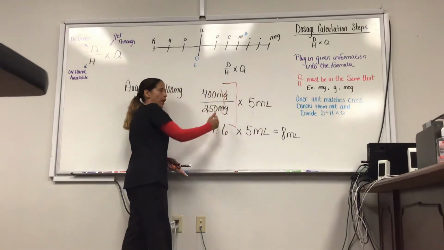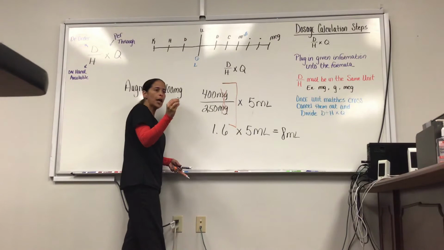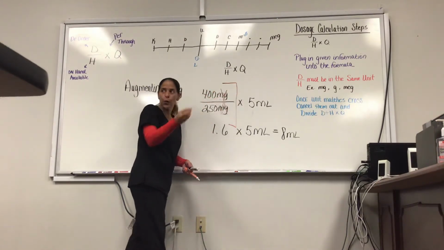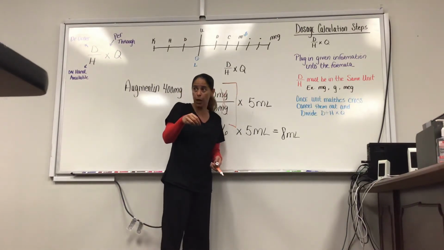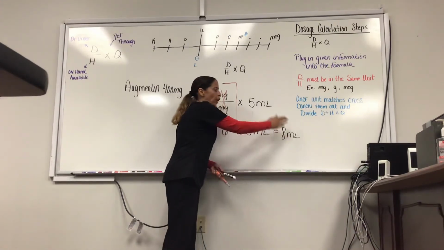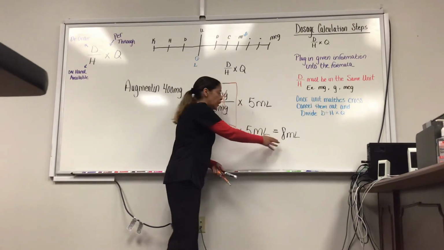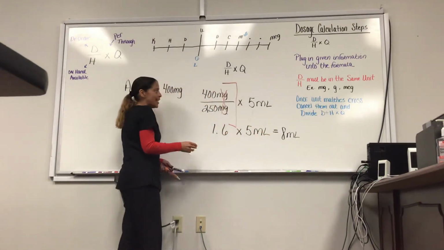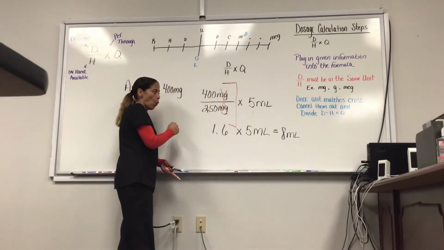We're at a milligram. We're trying to figure out how many milliliters we need to give them, because it's in a liquid base now. It's your cough syrups, your elixirs. So we need to figure out how much of the liquid is going to actually give them what the doctor ordered.